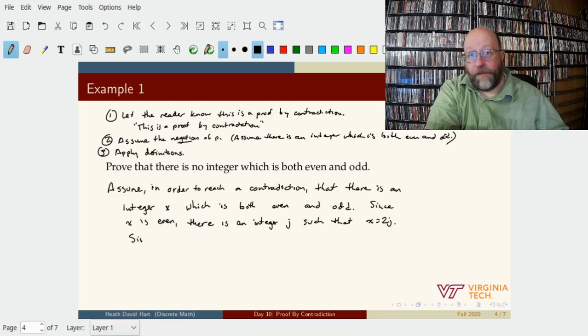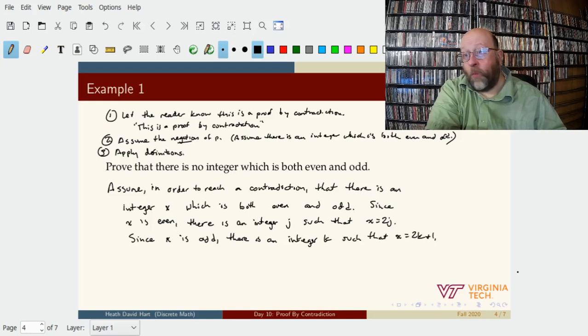And since x is odd, there is an integer k such that x is equal to 2k plus 1.